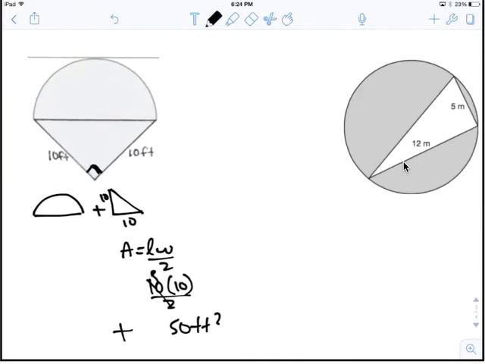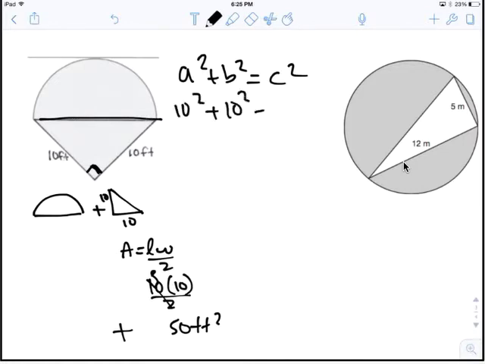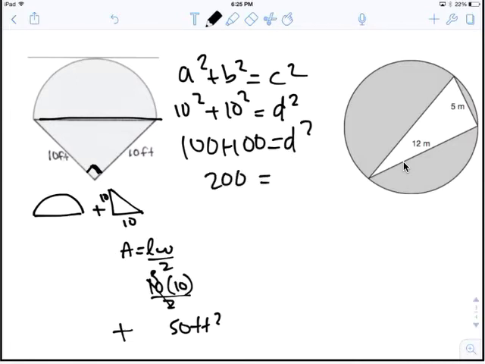For that one you use a squared plus b squared equals c squared to find the diameter. So 10 squared plus 10 squared equals diameter squared. 100 plus 100 equals diameter squared. 200 equals diameter squared. Take the square root.